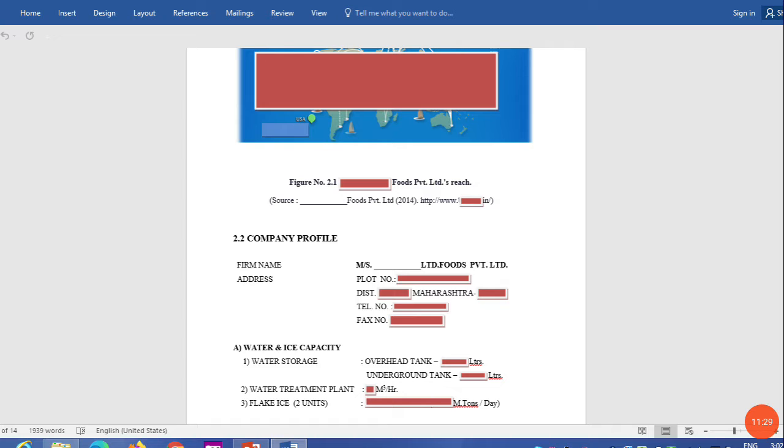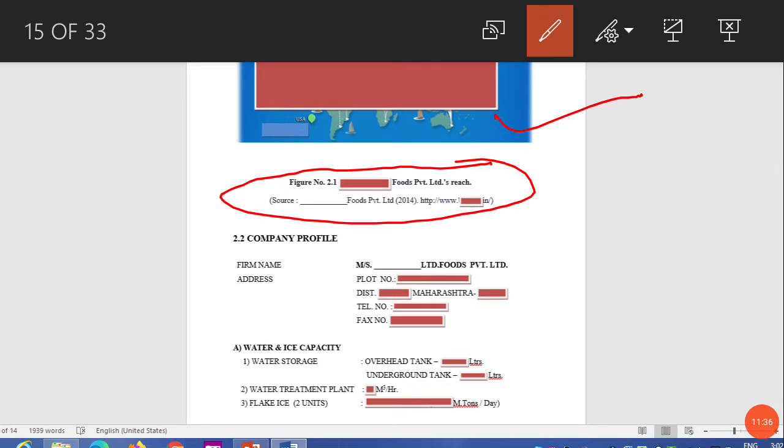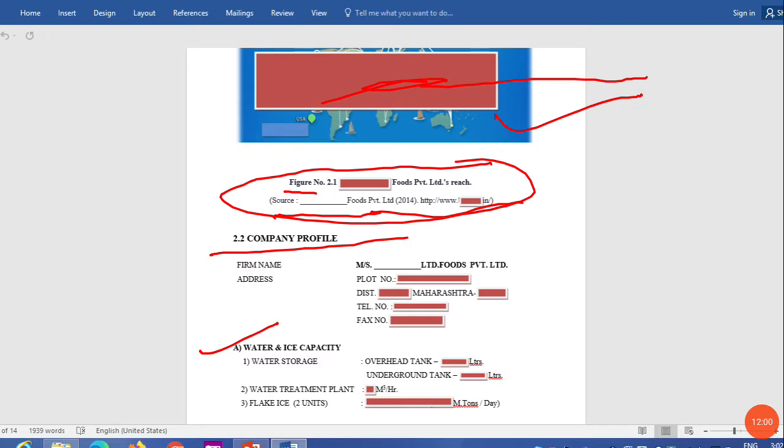Figure number 2.2 is given, showing the geographical spread of the company's marketing, but due to copyright issues it is covered with a red clip, and its source is mentioned. After that, the company profile followed by its water and ice capacity is given.